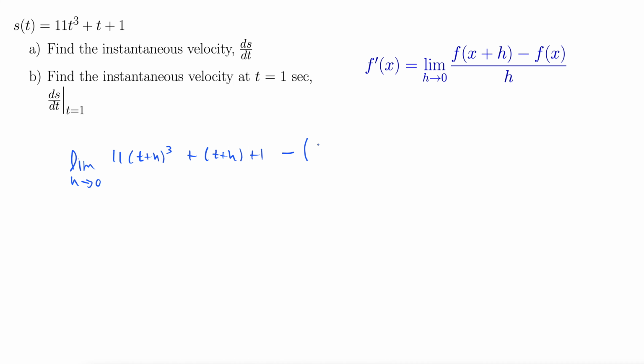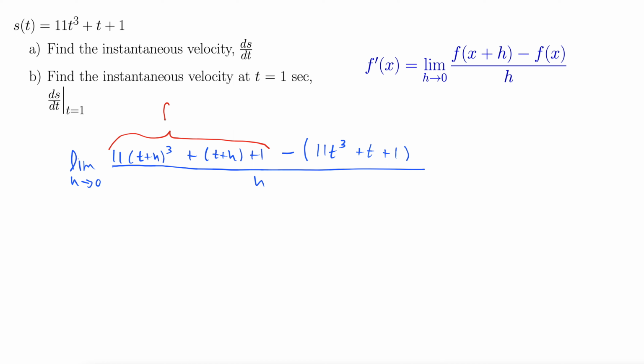So we just essentially copy and paste f of x right back into there. Okay, so we're subtracting off 11t cubed plus t plus 1 all over h. This first bit here is our f of x plus h, or let's make this s of t plus h, keep our variables straight. And this second bit here is s of t.